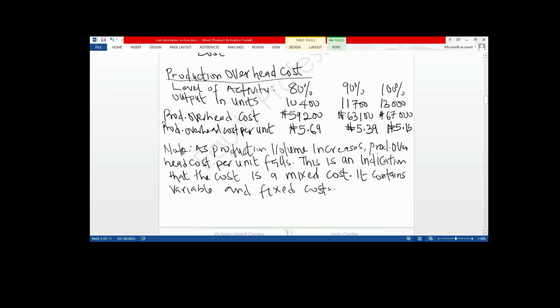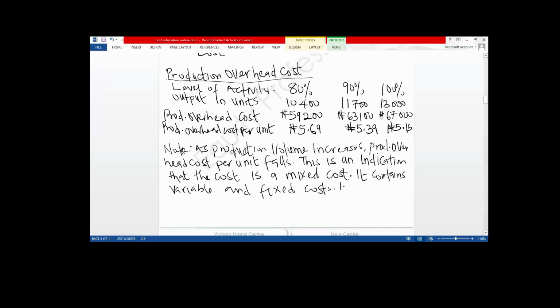You are going to note this. I'm writing this to explain. In exam, you might not need to write. Once you observe that volume is rising and cost per unit is falling, you must know that the cost is a mixed cost. It contains elements of variable and fixed cost.